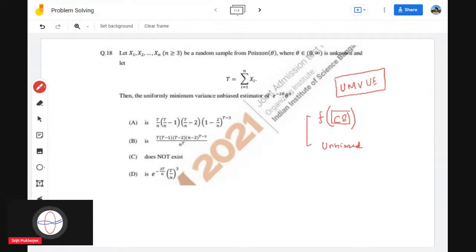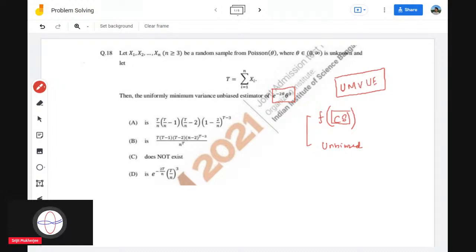So using these two properties, we have to find something that is a function of a complete sufficient statistic and is unbiased. So first we have to find the complete sufficient statistic.